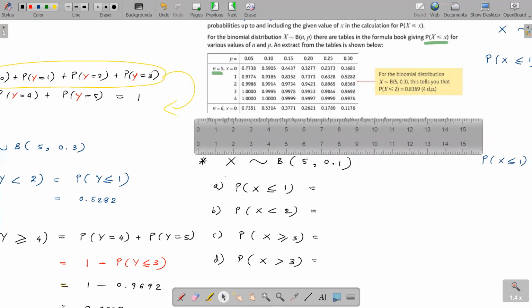Okay, let's try to find it. To find the probability x is less than or equal 1, you know that this table can be immediately used.